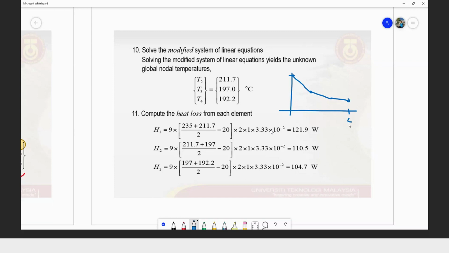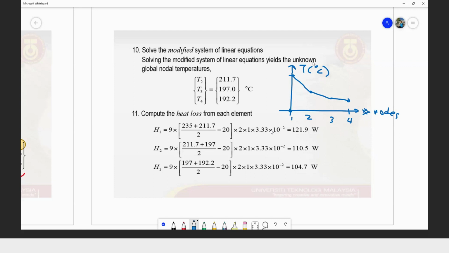So this is node number 4, 3, 2, and node number 1. So this is your temperature. Alright, just a little bit more dekat sini.